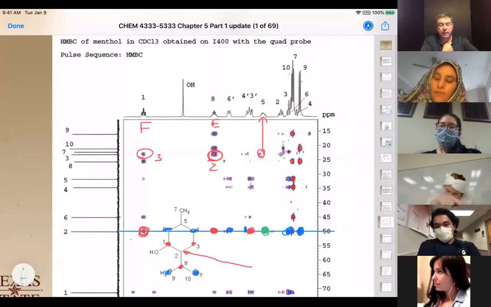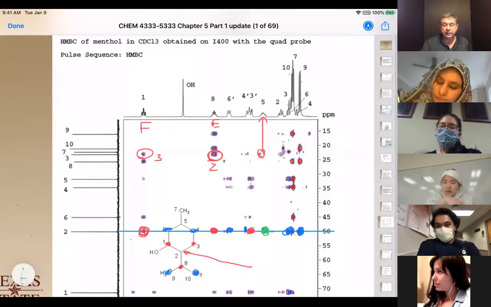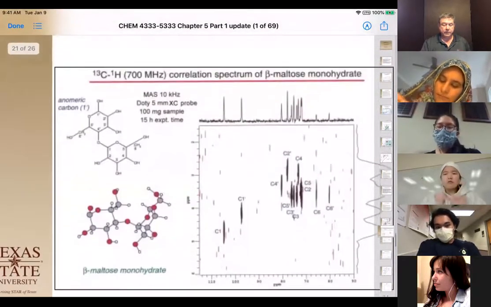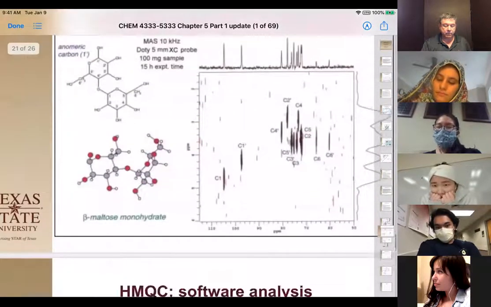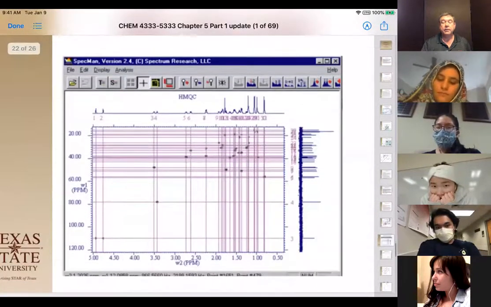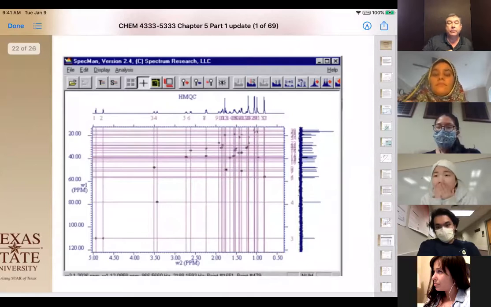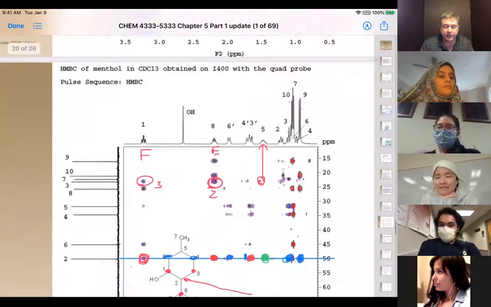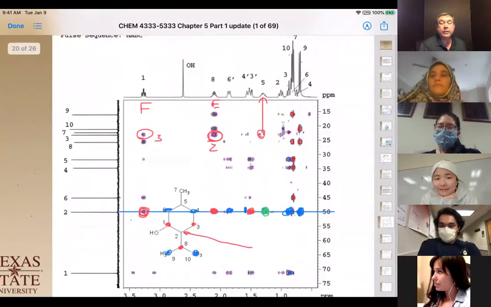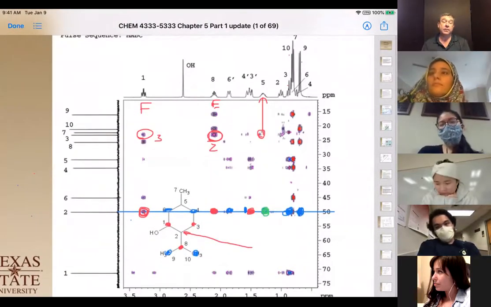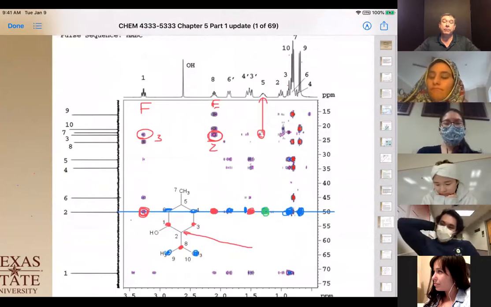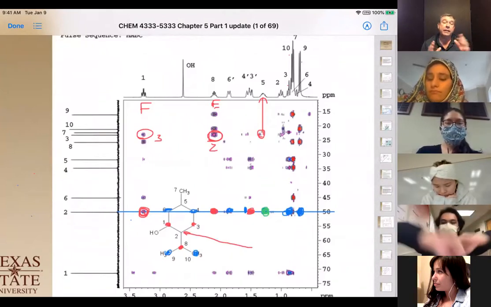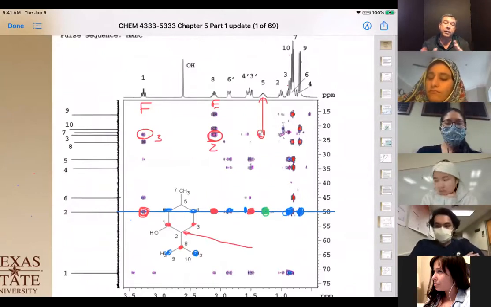Okay, good. So next time we're going to pick up on this, and we're going to do a little more. We're going to go with some of the other correlation techniques and show you that it's much easier to do this with software, but we'll get to that as well. Then I'll show you the accounting method for trying to discern the structure from the HETCOR. Usually we have a good idea just from analyzing the proton and the carbon spectrum.